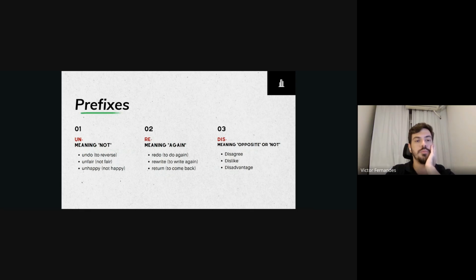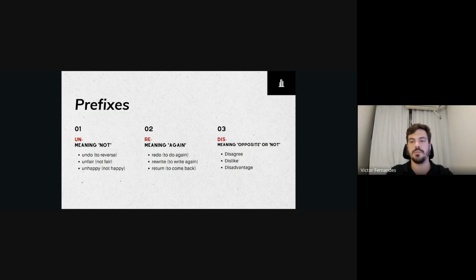Now, working with the prefixes, we have un, re, and dis. They are very similar, but un would be denying something. Re, we're trying to do it again, so redoing something. And dis will be the opposite, or similar to not.